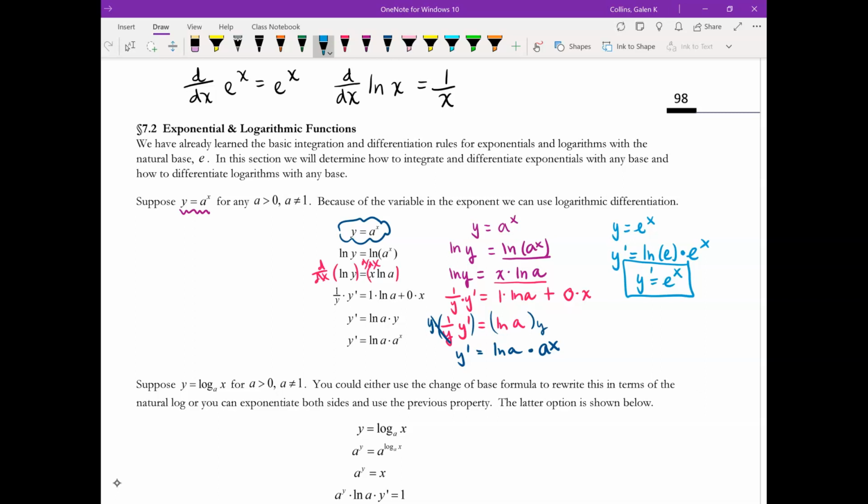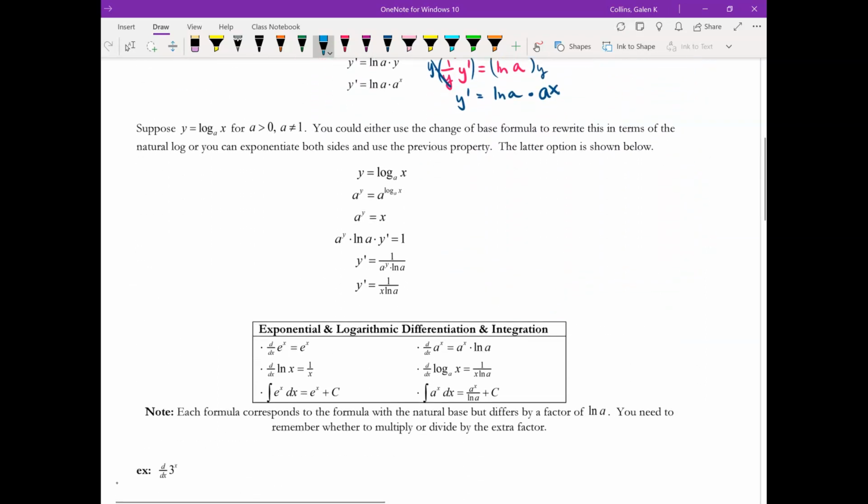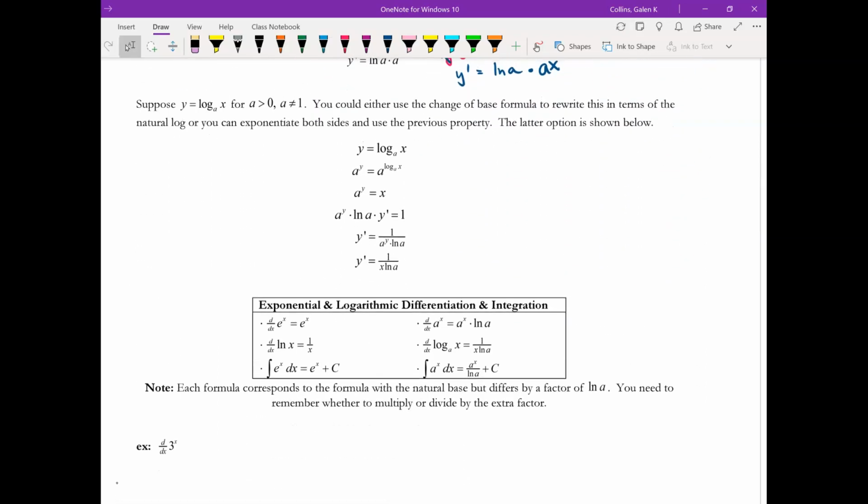Let's talk about derivative rules for log functions where we have a base other than e. Let's suppose we have y equals log base a of x. If you remember from Algebra 2, if our goal is to isolate x, we would exponentiate both sides of that equation.